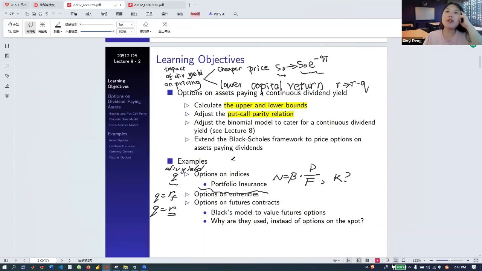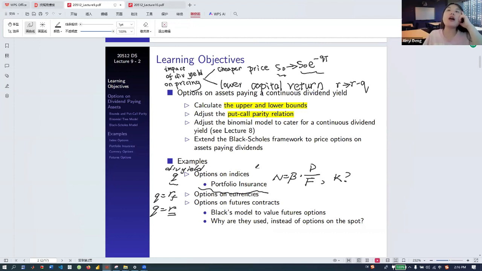Also, one more thing about options on stock indices. Recall that in previous lectures, we used options on stock indices to eliminate the exposure to the market for the short term.